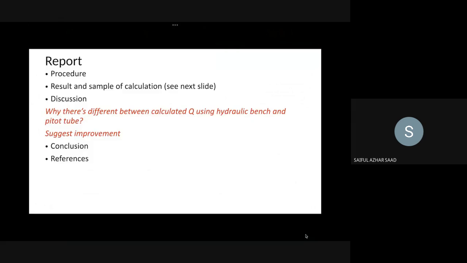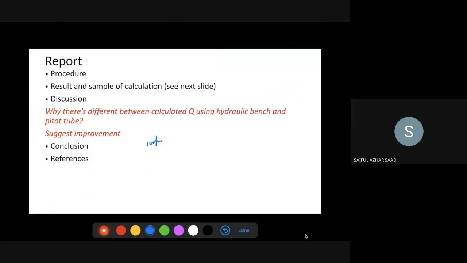So for the introduction part, let's say I would like to do the introduction for this experiment. Usually I will discuss what is a Pitot tube. So there's one paragraph. And then I will discuss the working principle of the Pitot tube, which you can Google or find from the textbook.